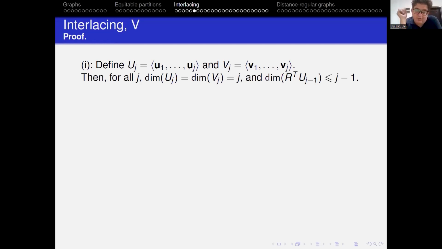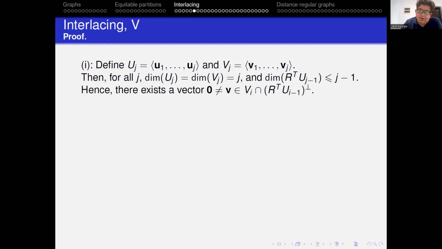So clearly this dimension is always j, and R transpose U_{j-1} has dimension at most j minus 1, because U_{j-1} has dimension j minus 1, and with the R it can sometimes be smaller. So that means there exists a vector v, not a zero vector, inside P_j and R transpose U_{j-1} perp.